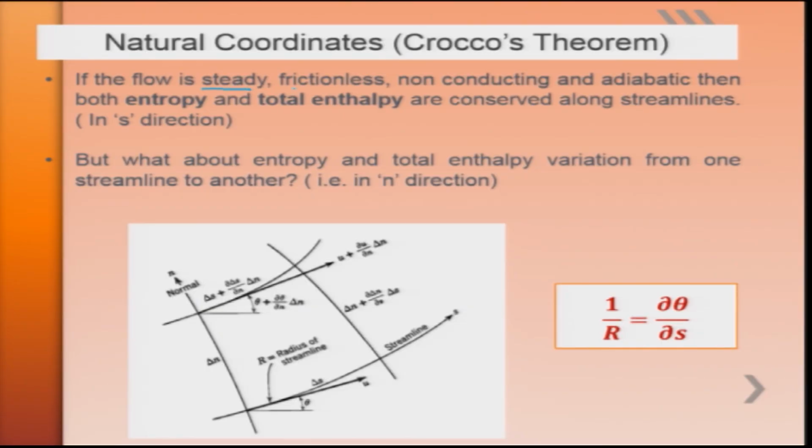So far we have considered the Cartesian coordinate system, which has the linear x, y and z axes, and we said that if the flow is steady, inviscid, that is frictionless, non-conducting, with no heat sources or sinks present inside the flow field, and the flow is adiabatic, then both entropy and enthalpy are conserved along the streamlines in the flow field.